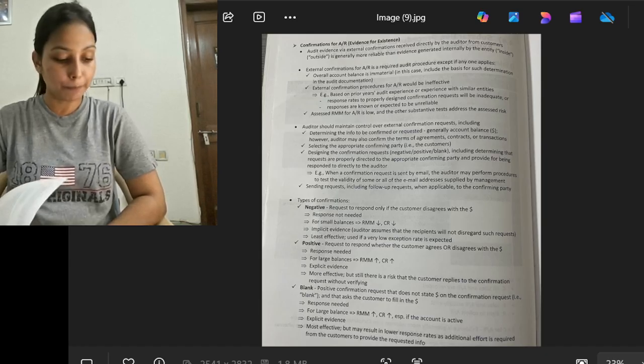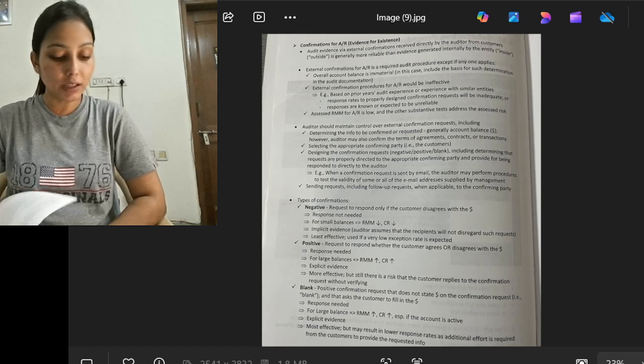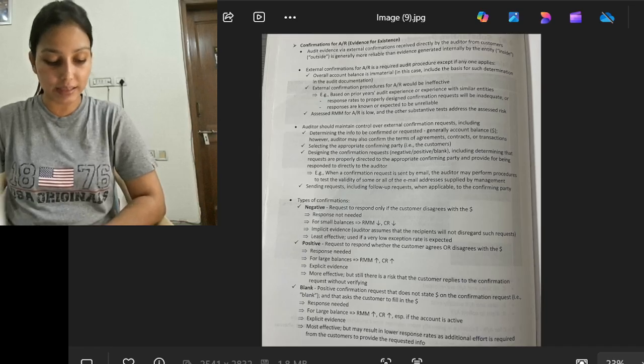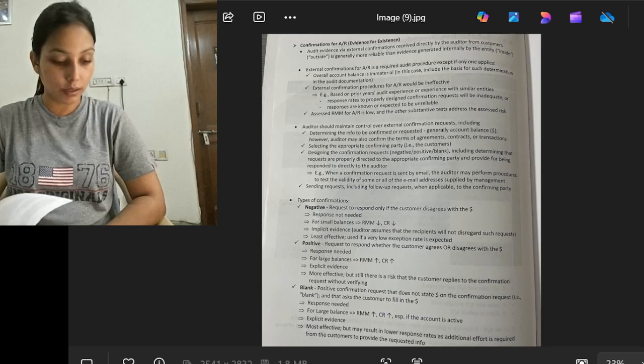Auditor should maintain control over the external confirmation, including determining the information to be confirmed or requested, generally the account balances. However, auditor may also confirm the terms of the agreement, contracts, or transactions. Selecting the appropriate confirming party, that is the customers.